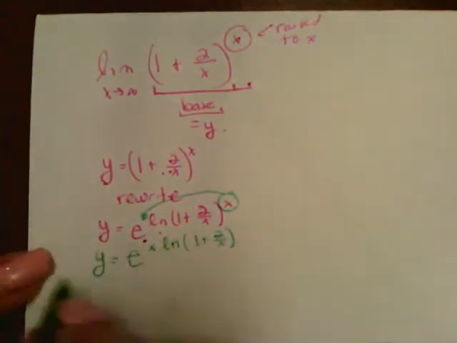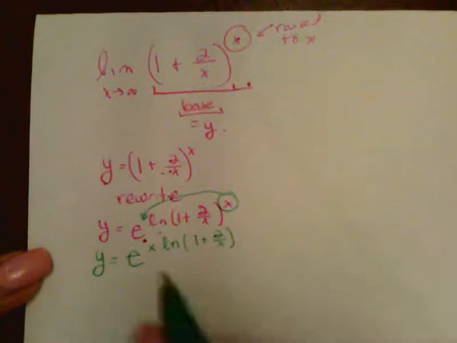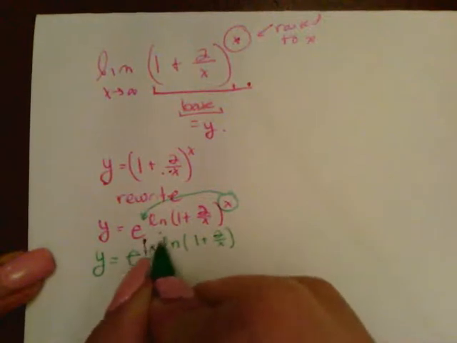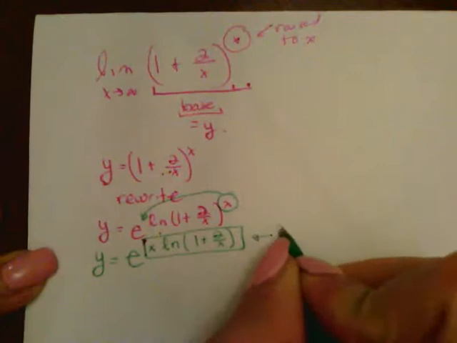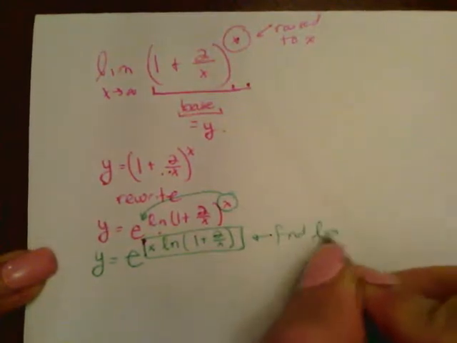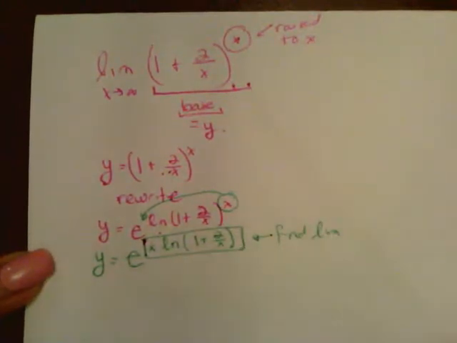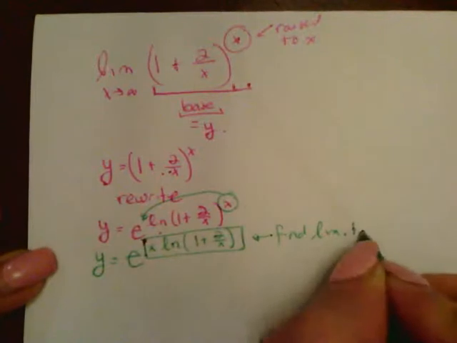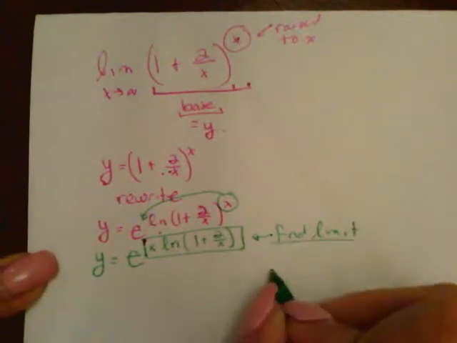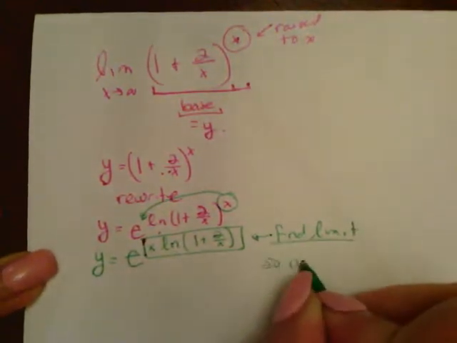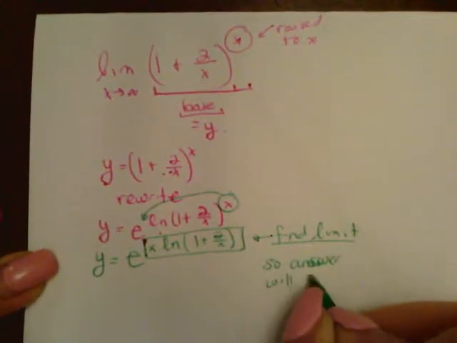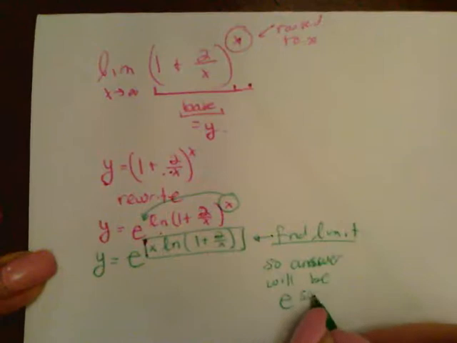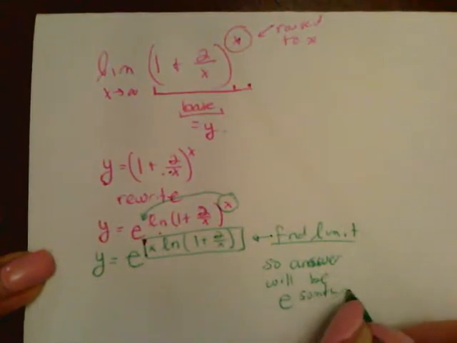So here, by using logs, we can split up this problem. We can find the limit of just this part right here. Then our answer will be e to something, whatever that something is.